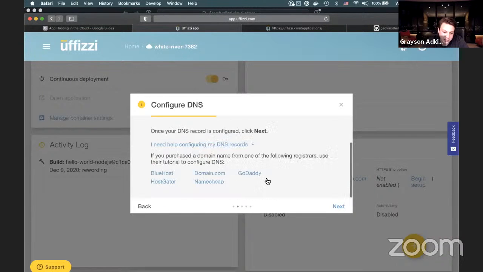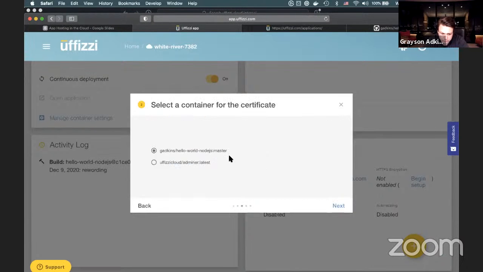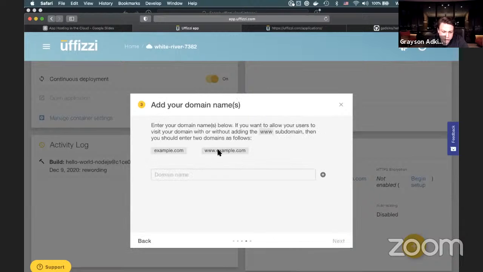If you need help doing that, we give you some quick links to popular domain registrars that will walk you through how to create an A record, for example, for your application and add this IP address in there. And then you just give it the domain that you purchased, and then we'll set up a TLS SSL certificate. We'll handle all the encryption and the handshaking, so that this environment will have HTTPS and be ready to go for prime time for business applications or storing user credentials or whatnot.